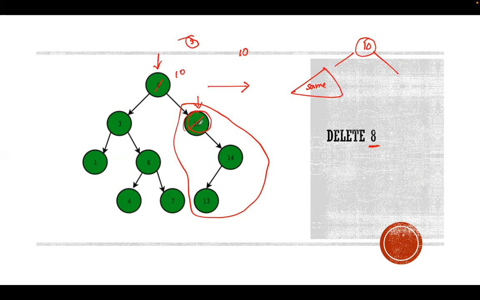We can check that 10 is a node with only one child, so that's our option 2. When we delete the node 10 that has only one child, the whole subtree will become the child of its parent node.